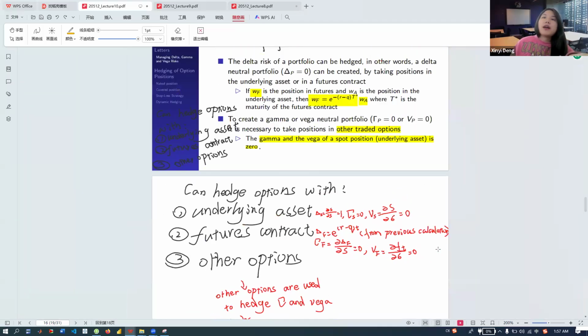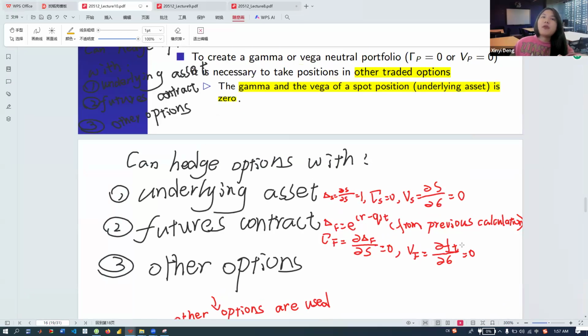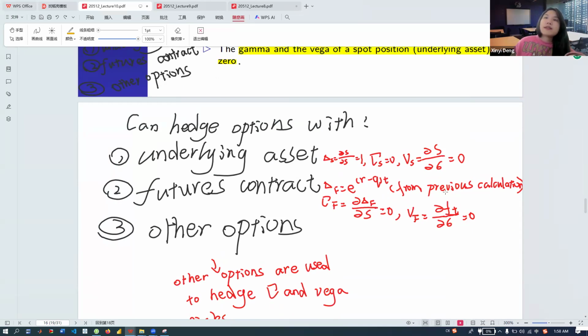So if you try it out yourself, you'll find out that vega of futures contracts is equal to 0 as well, where this F_t stands for the value of the futures contract.